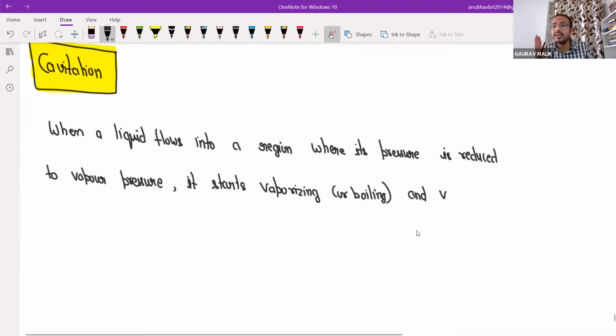You know the difference between boiling, condensation, and evaporation. What is the basic difference between boiling and evaporation? Evaporation occurs naturally and takes place at any temperature.